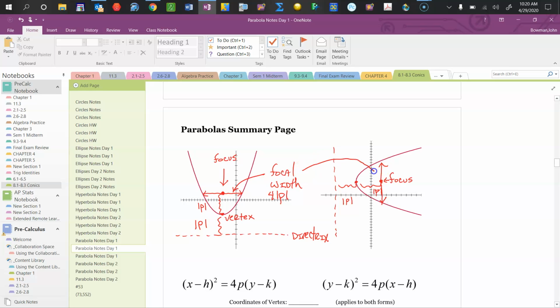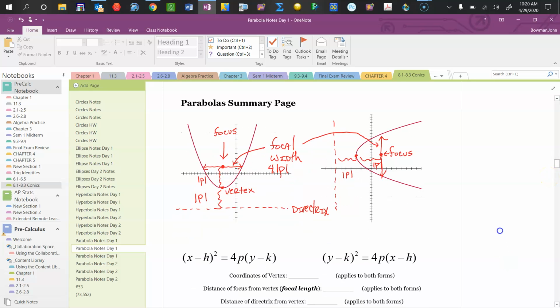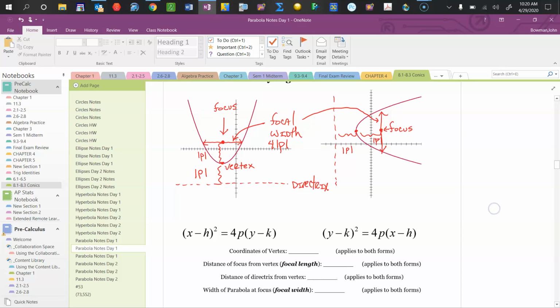And that again applies to both the horizontal and vertical parabolas. So basically, when you look at the equation of a parabola, either a vertical or a horizontal parabola, we can tell a lot by looking at the equation when it's in standard form.